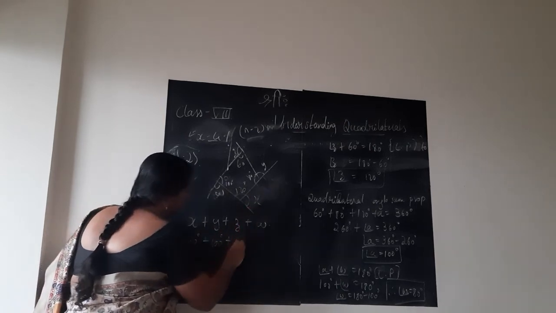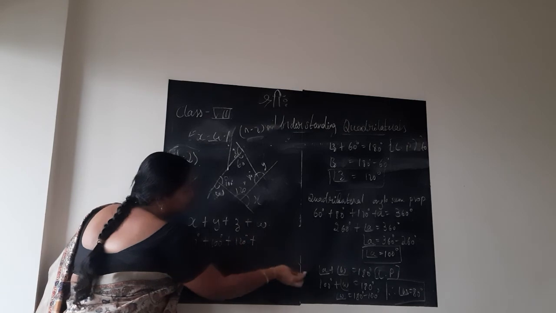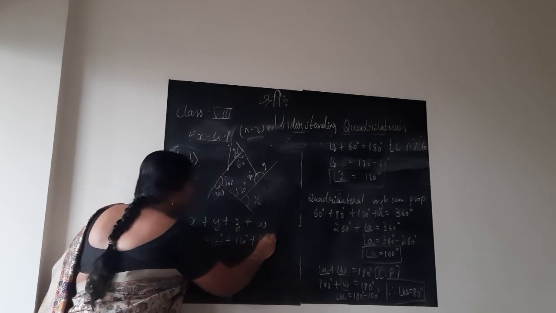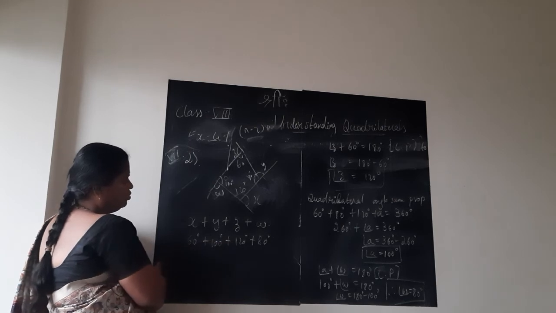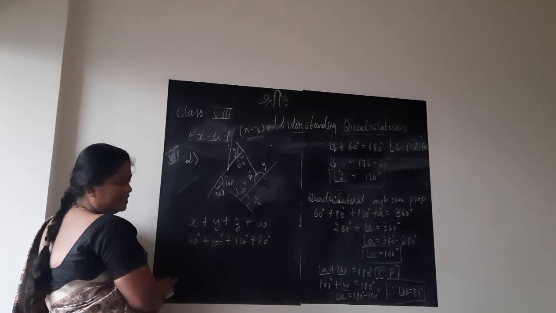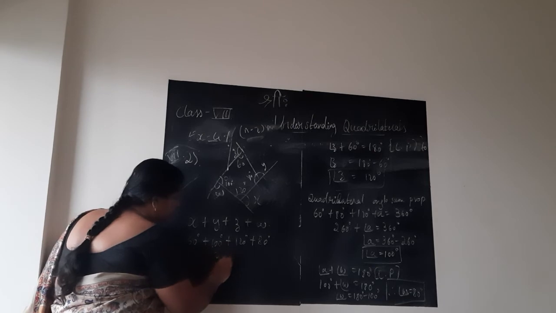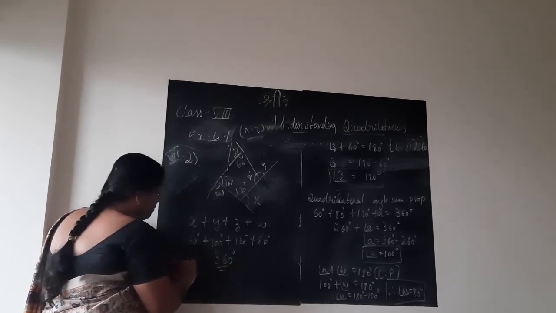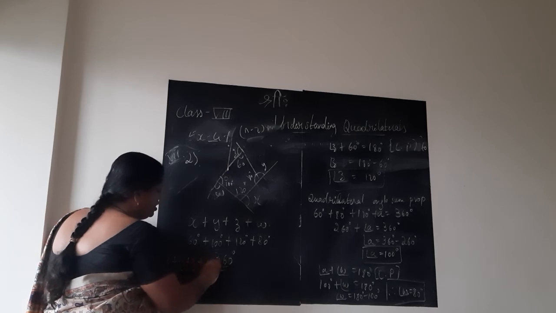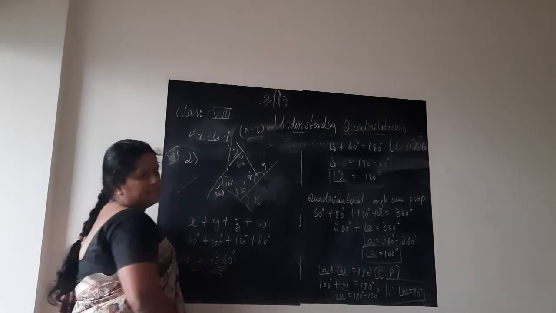Z we have 120 degree plus W, just now we found it to be 80 degree. So when you add them up, 100 plus 120 is 220. 220 plus 80 is 300, plus 60 is 360 degree. So X plus Y plus Z plus W is equal to 360 degree, children.